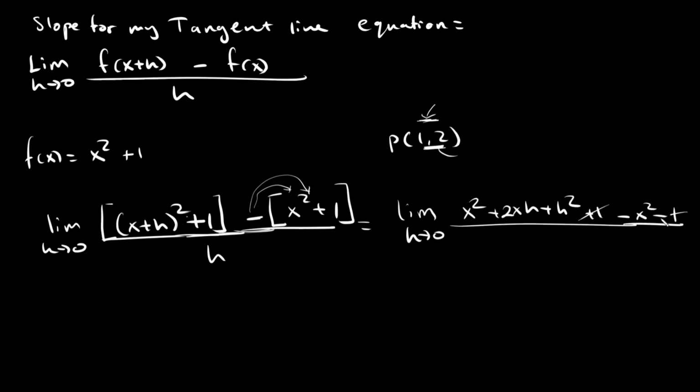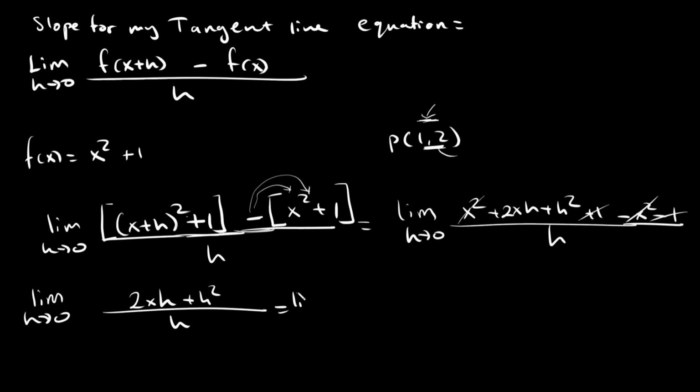So 1 and 1 is gone, x and x is gone as well. So h is down here. So as my h approaches 0, I'm left with 2x plus x to the power of 2.